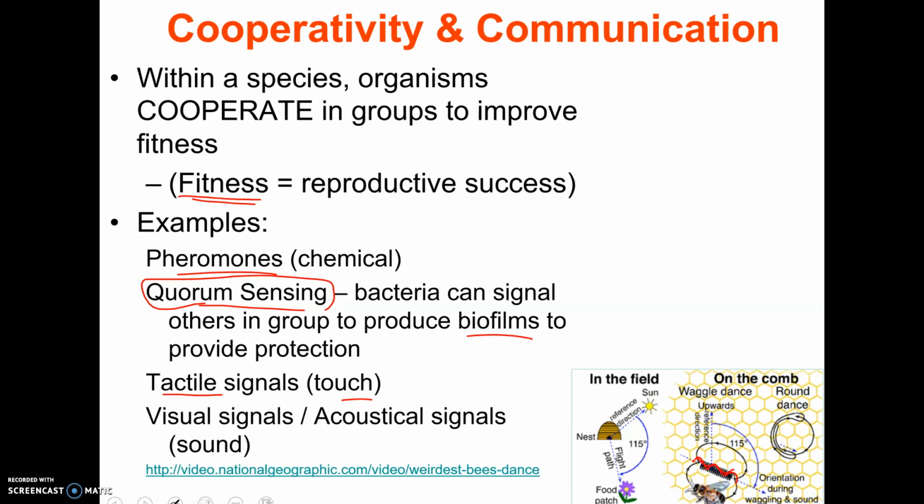I'll attach a video of this so that you can watch it if you want to, so you can see how they do this. But it's actually a very interesting way of communicating, and they can tell where the food is, and then the other bees will go to the same flowers and collect more nectar.